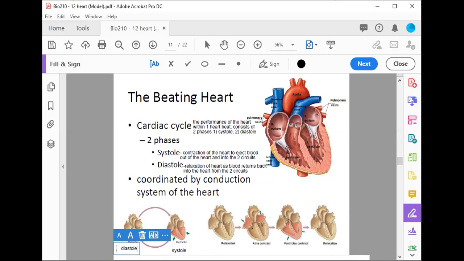And the whole cardiac cycle is coordinated by the conduction system of the heart. So what exactly is the conduction system of the heart?